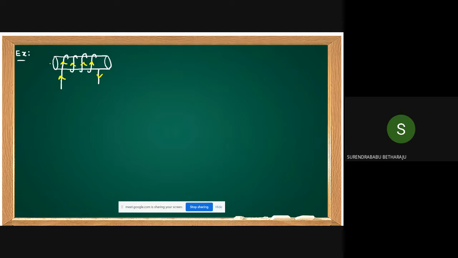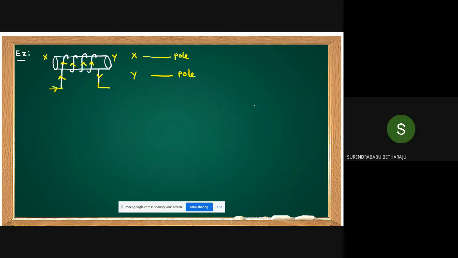Let this be X and this be Y. Then tell me, X acts as which pole, and Y acts as which pole? Can anybody respond? X north pole and Y south pole.